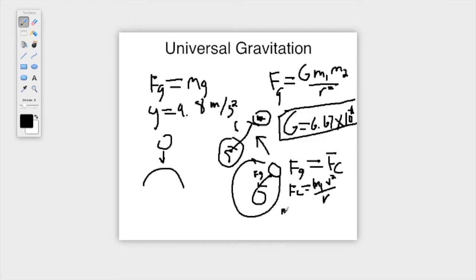So m1 v squared equals G m1 m2 over r squared, and then there should be an r here.